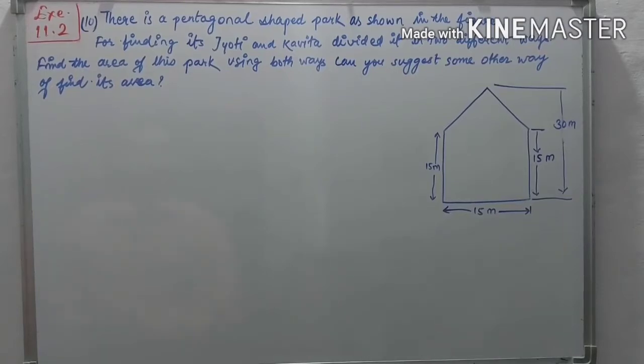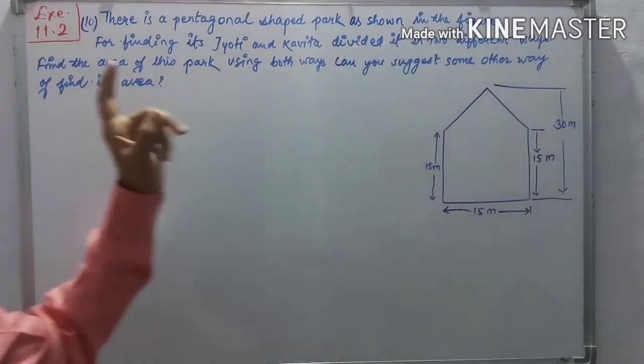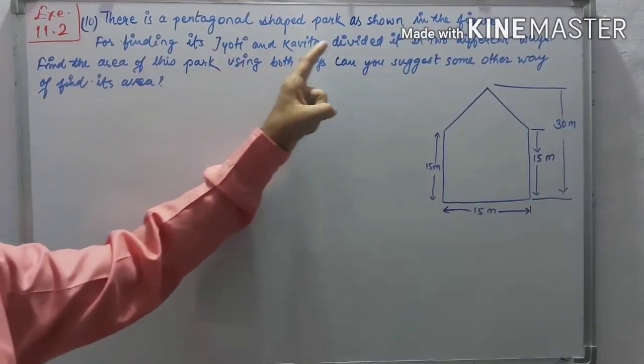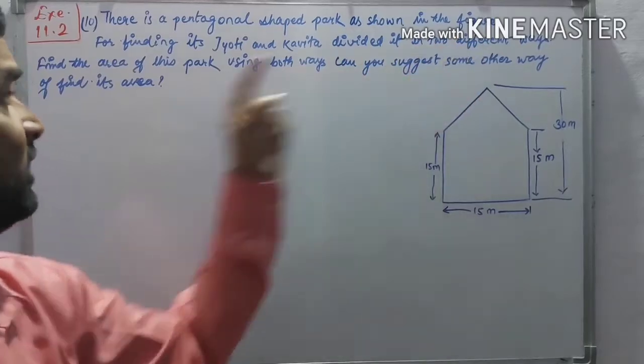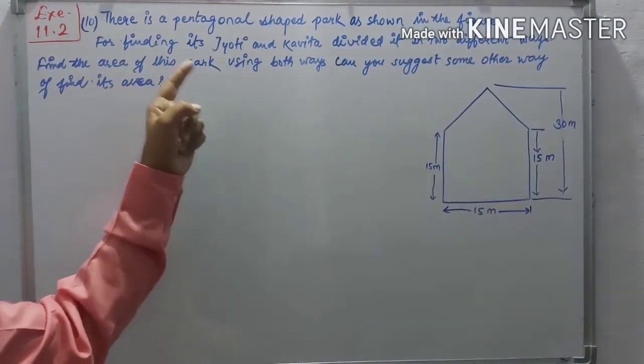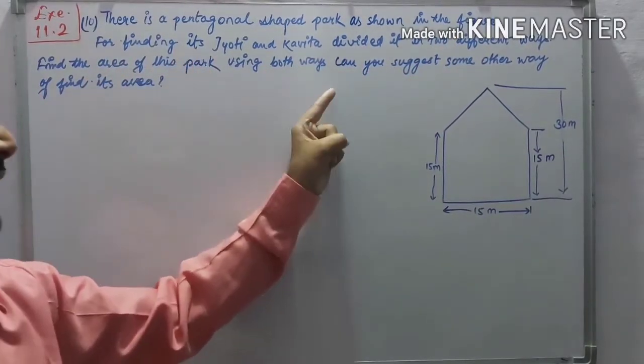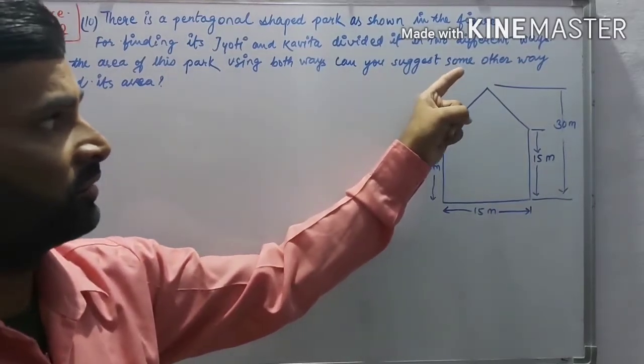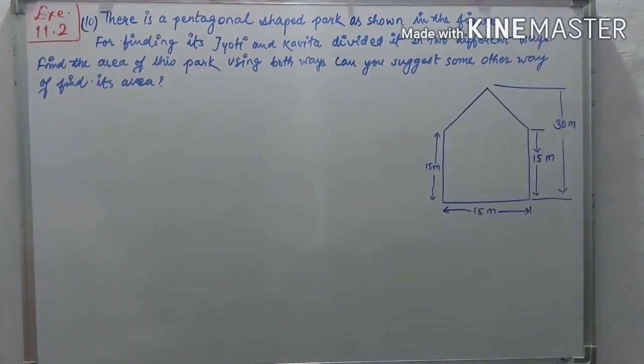Question number 10. This pentagonal shape park is shown in the figure. Jyoti and Kavita divide it in two different ways and find the area of the park. Using both ways, can you suggest some way of finding the area?